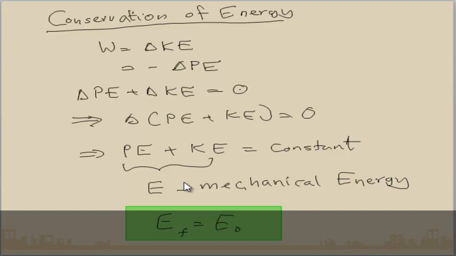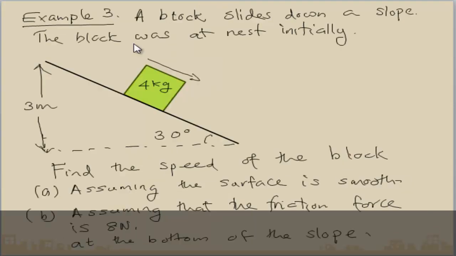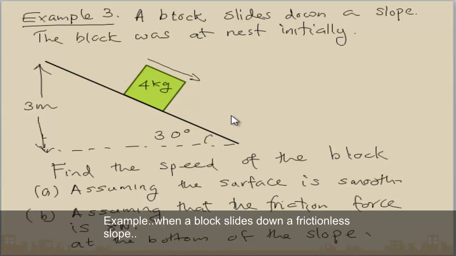But this quantity, PE plus KE, is called the mechanical energy of the system. And we say the mechanical energy is conserved and normally represented this way: E final is equal to E initial. This example shows how the conservation of energy is used in problems. There is a 4 kilogram block sliding down a slope. Initially the block was at rest.